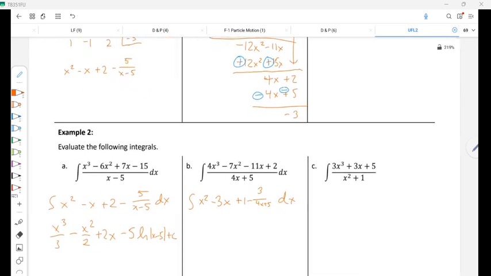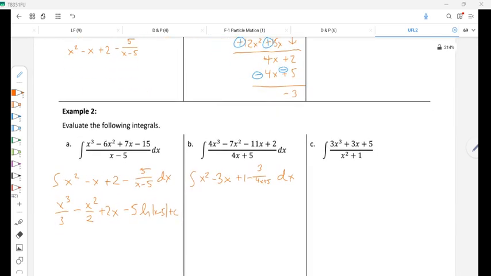Which is really similar to what we did on the last one. We've got x cubed over 3 minus 3x squared over 2 plus x minus, what's my coefficient here? Not just negative 3.